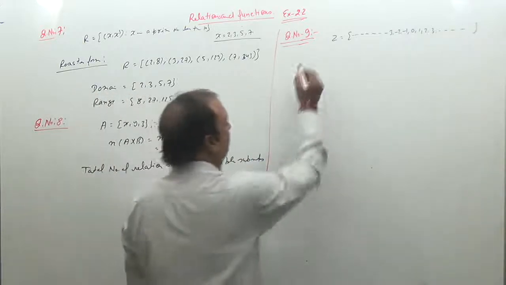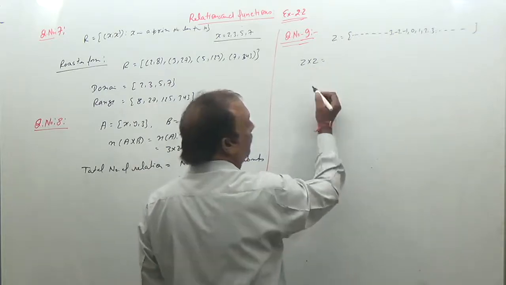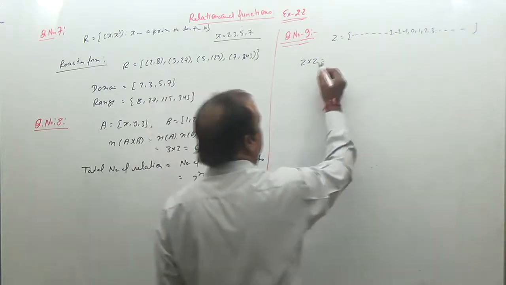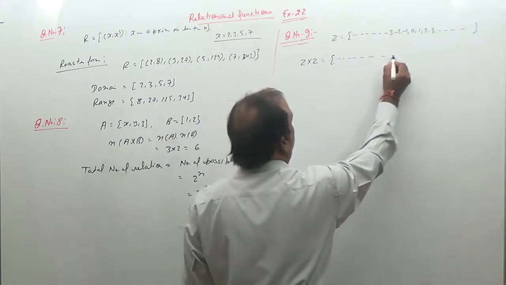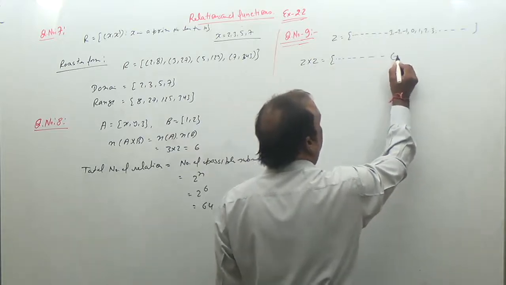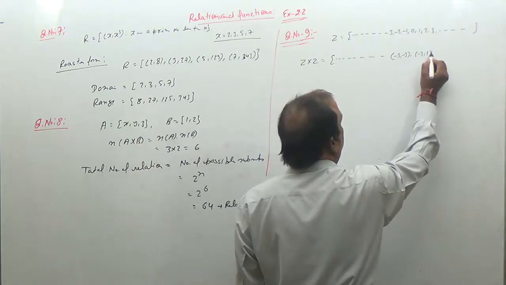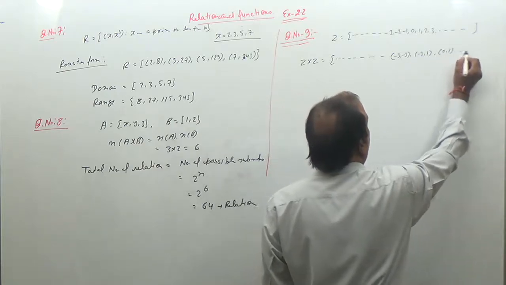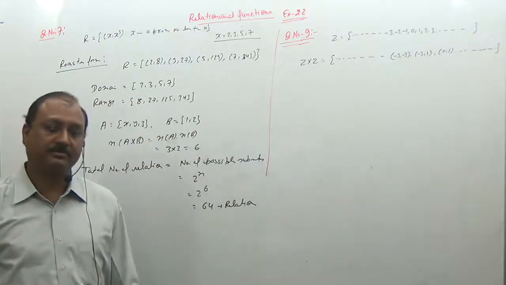We are talking about relations. So first of all, form the ordered pairs by taking the Cartesian product of the set Z itself with Z. When we take the Cartesian product of this, we get infinite ordered pairs: (-3, -3), (-3, 1), (0, 1) and so on. So there are infinite ordered pairs of Z cross Z.